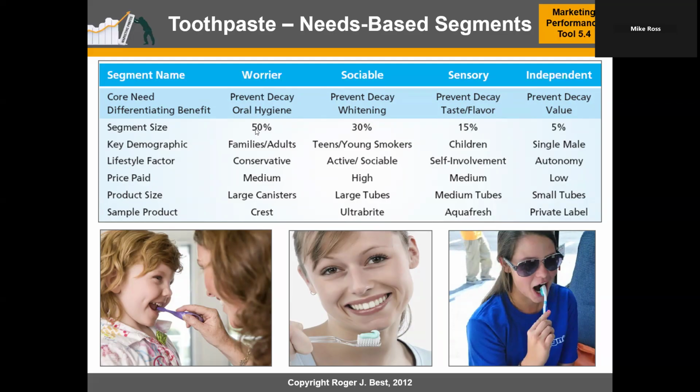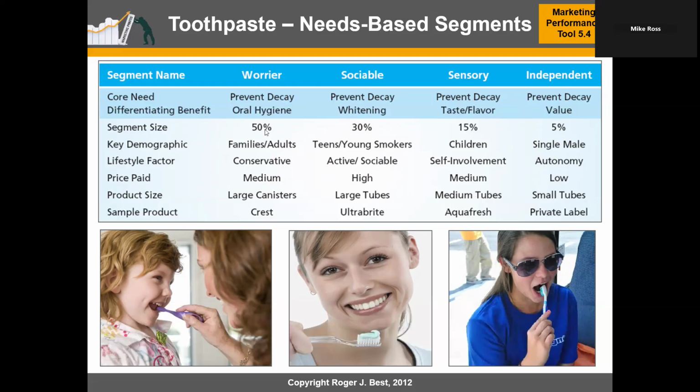And you can see here if I am Crest or Aquafresh or Colgate. I don't know if that's still a brand or not, but all the different brands of toothpaste, you can sort of see here.